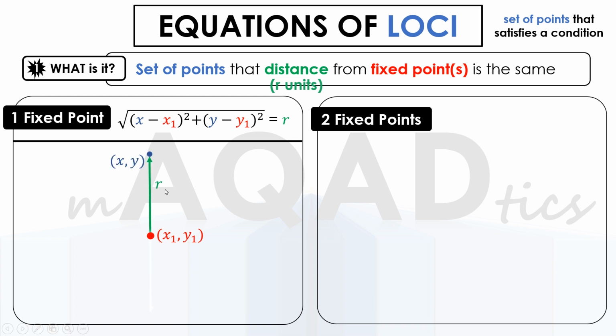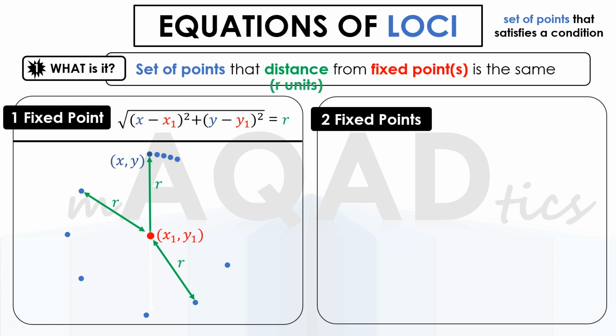The blue dot is r units away from the red dot. Some of you may argue that maybe it can be from here, because this one is also r units away from the red dot. You can also argue it's this dot. And you can imagine there are a lot of dots that satisfy this condition.